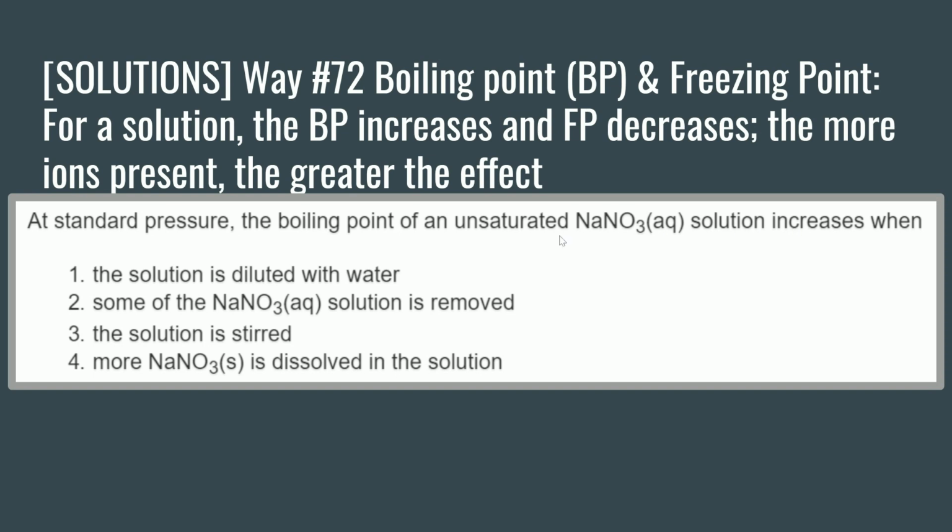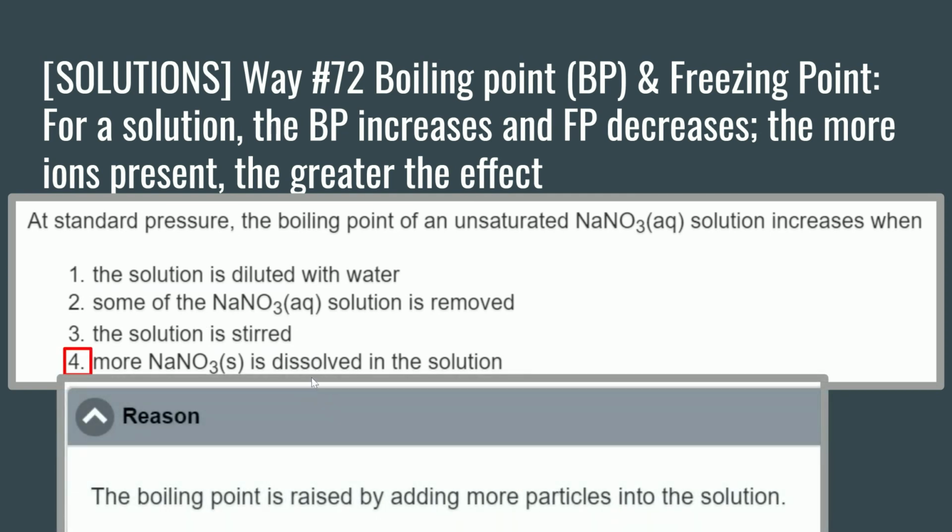Since this is already unsaturated, it means that we can continue to dissolve more sodium nitrate into this aqueous solution. Remember, aqueous just means that this substance is dissolved in water. So how can we increase the boiling point? Well, we just have to add more ions. And the only way of doing that is by choice 4, adding more sodium nitrate solid and dissolving it in solution.